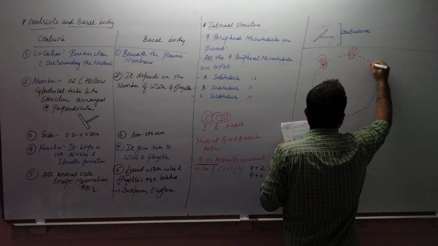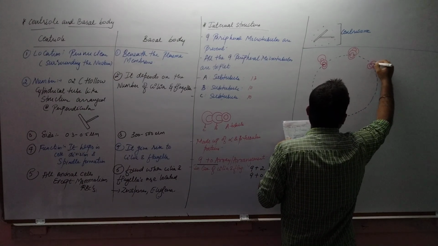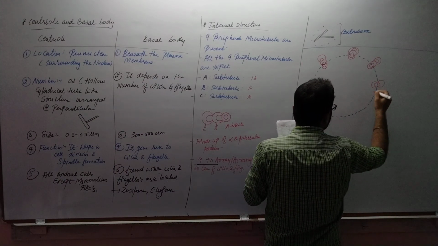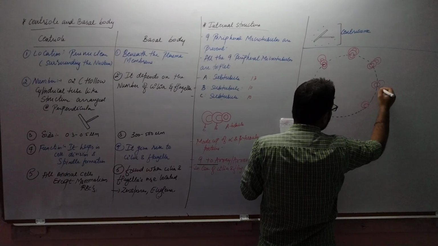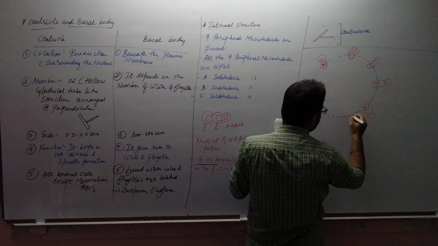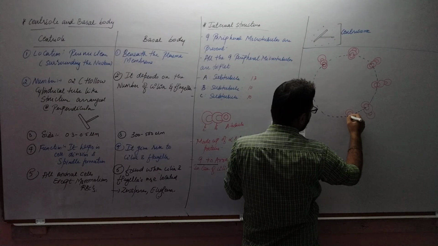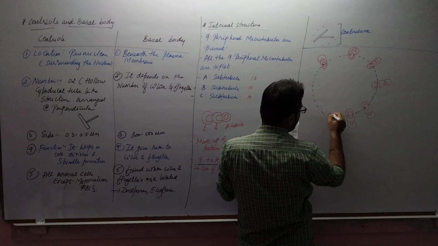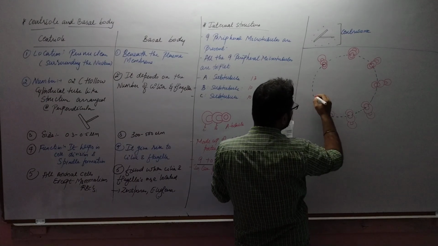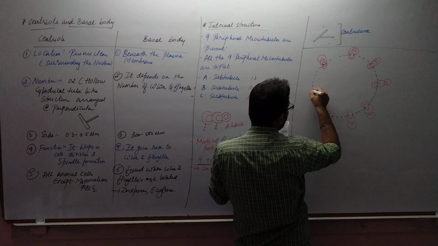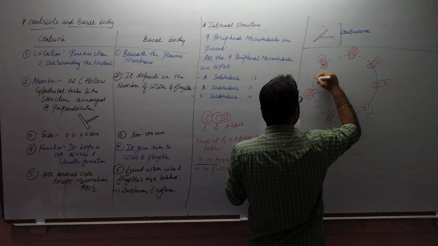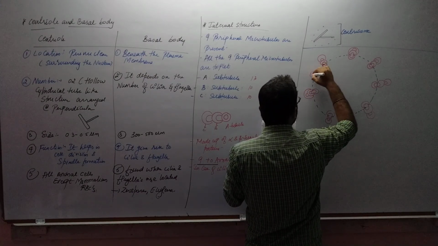2, this is the third one, 3, fourth one, 5th one, then we have 6th one, 7th one, then we have 8th microtubule, and here we can draw the 9, that is the last one, right?